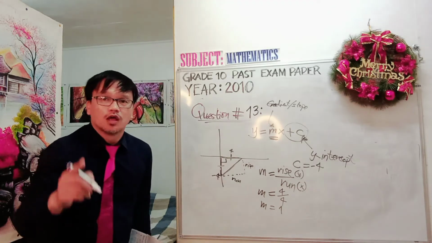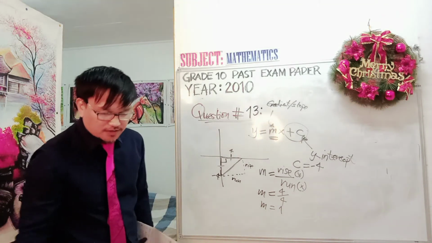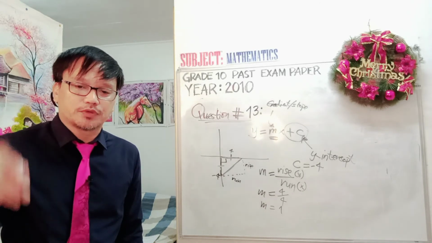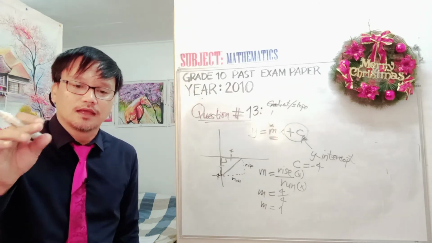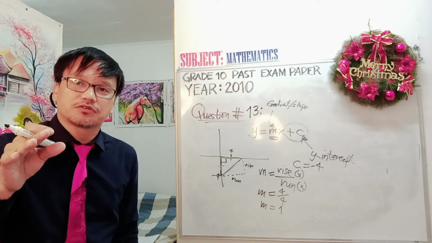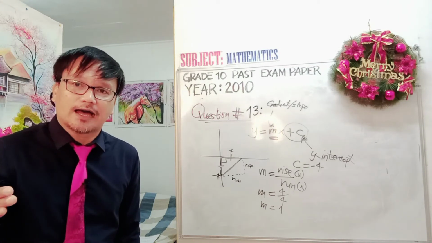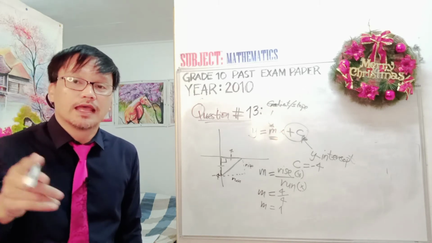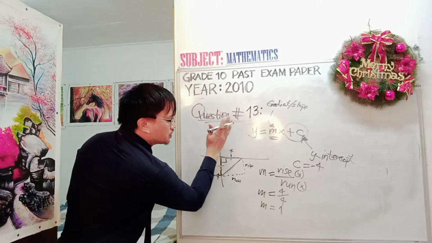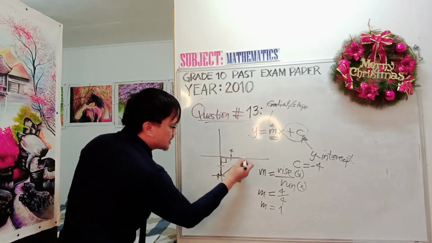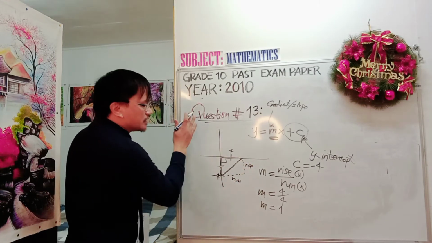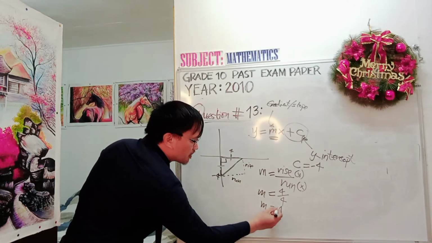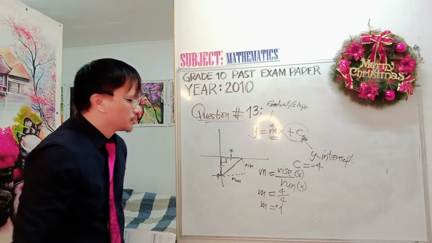Now take note, when you are calculating the gradient, you will put either a positive or a negative sign on the value depending on how the line slopes. If the line slopes to the right, just like this one, then the sign of our gradient is positive.